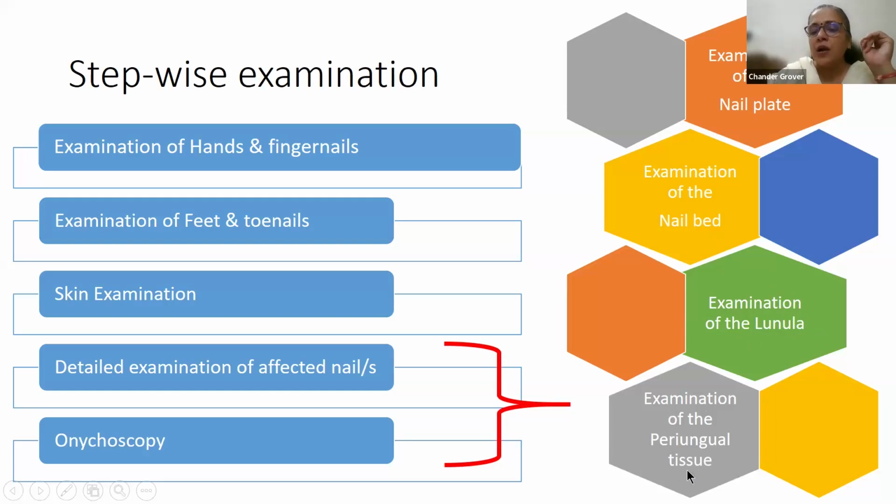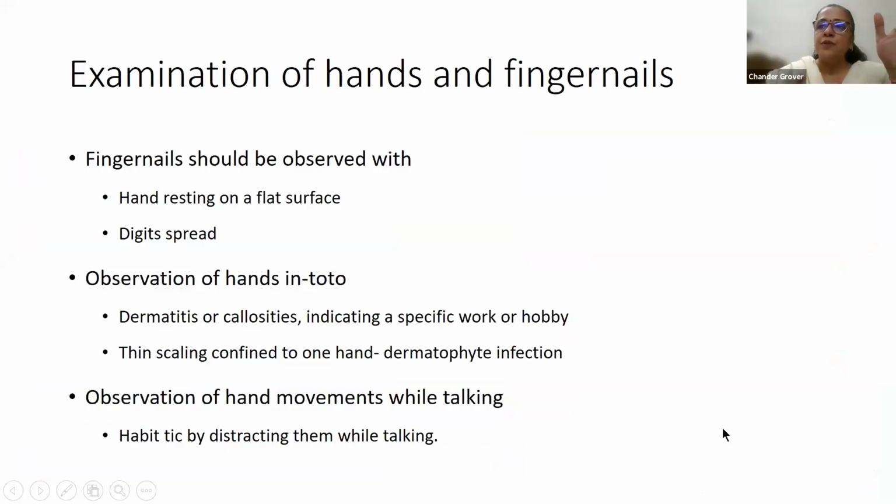And then the periungual tissue, including the proximal nail fold, the 2 lateral nail folds, and the distal nail fold and hyponychium. Don't forget the distal nail fold. This is the scheme that you will follow while doing onychoscopy also. So clinically and onychoscopy, fingernails should be observed with hand resting on a flat surface and digits spread.